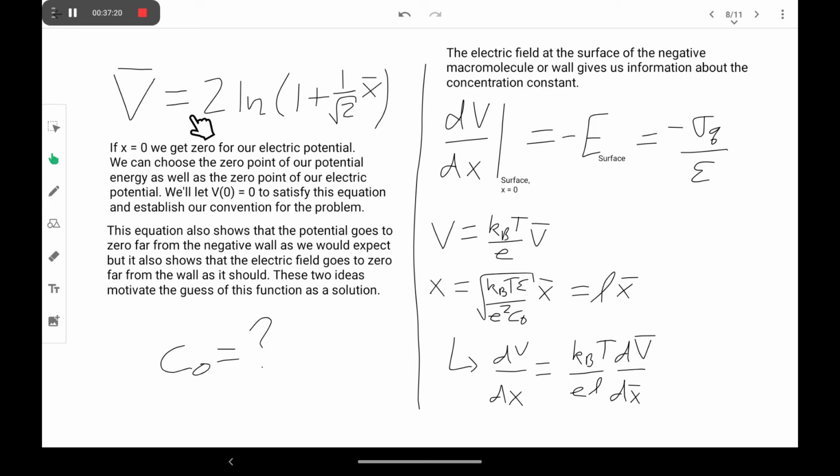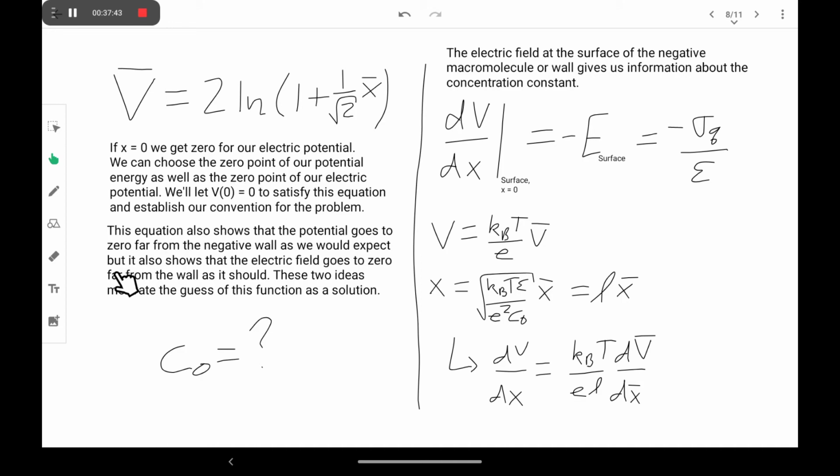We just need to know that we're picking the surface of the macromolecule, or that charged wall, to be our origin or our 0 of potential, which would be the same thing as our 0 of potential energy. That seems like a fine choice, and we'll use that as our convention. Remember, it's just convention, so there's no real physics meaning to that.